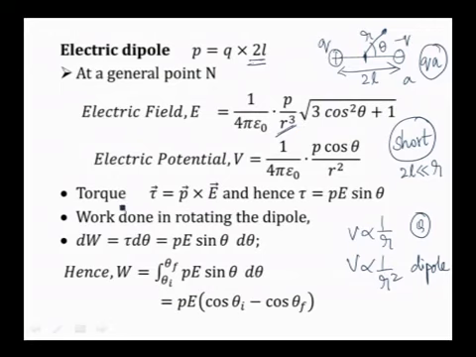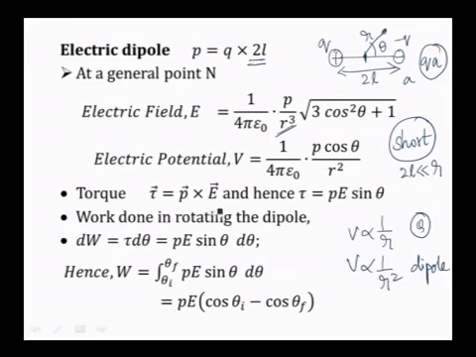And if you put the dipole in an external electric field, there is a turning effect which is called torque, which is p cross E, which becomes pE sinθ in magnitude. Actual direction is given by the p cross E vector.